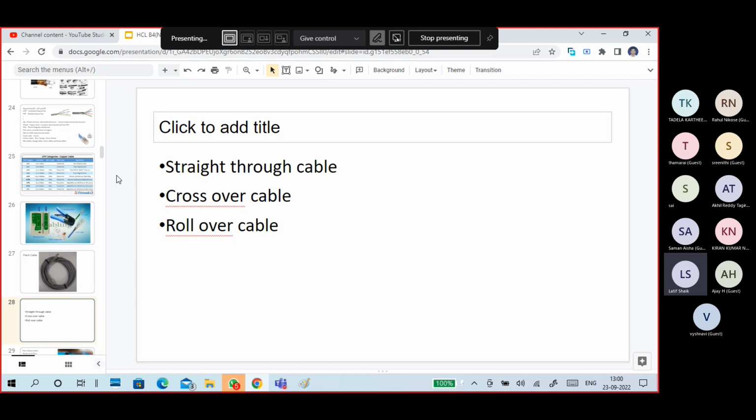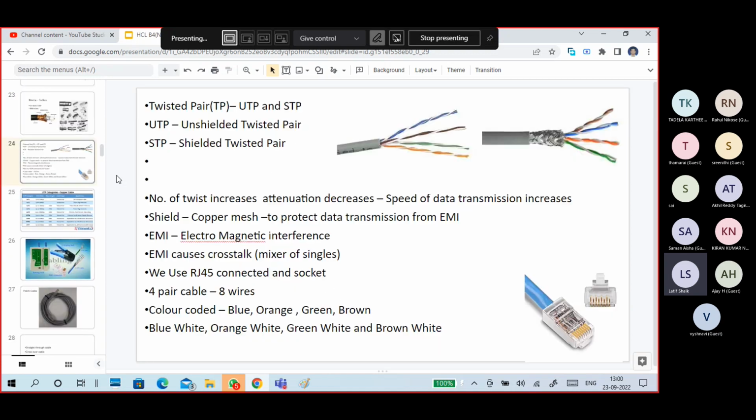A router's routing information can also be configured. To connect your PC to the router or switch for configuration, for console connection, we use a rollover cable. That much is not required, but understand twisted pair cable.